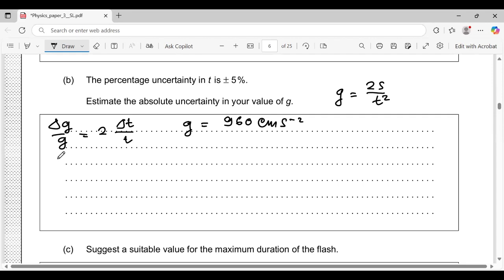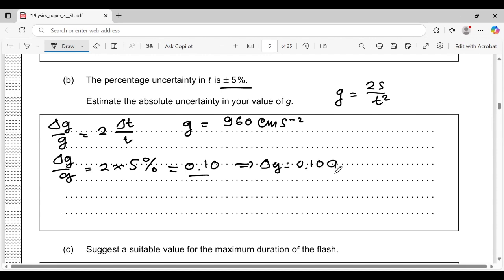So delta g over g equals 2 times 5%, which is 0.10. So delta g equals 0.10 times 960 centimeters per second squared, and the result is 96 centimeters per second squared.